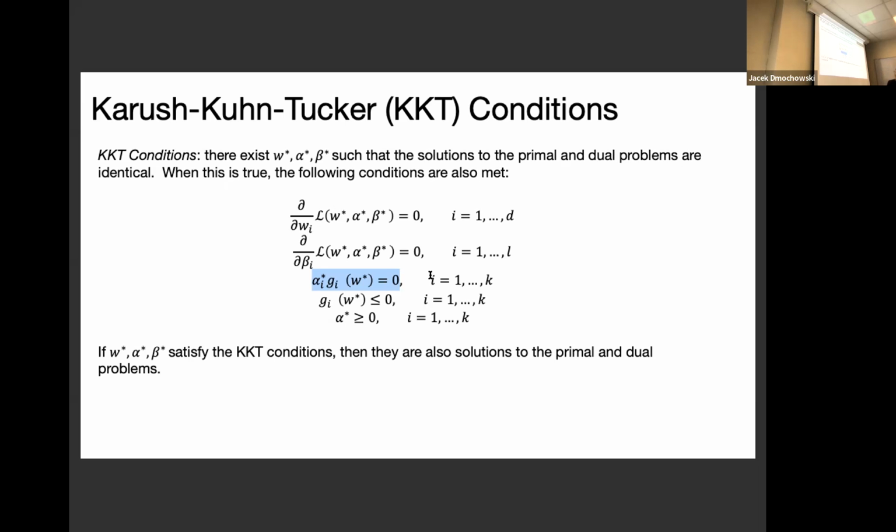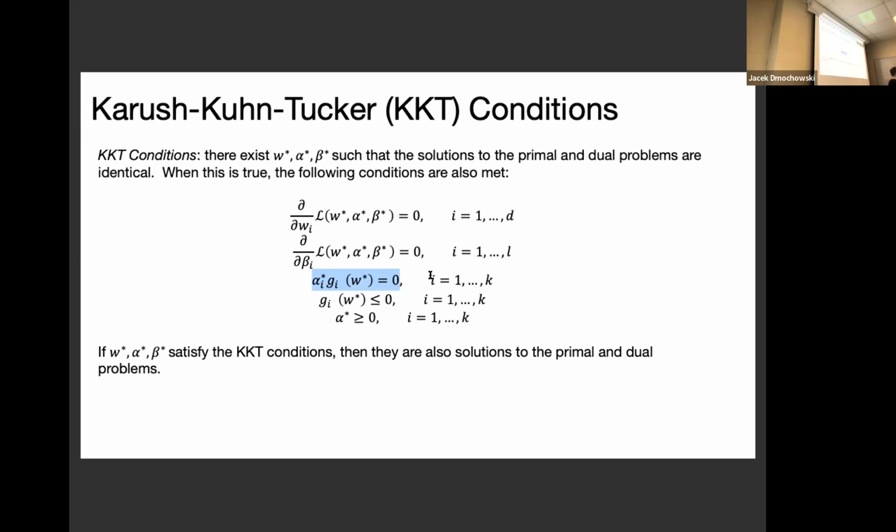Now, what's really interesting is that what this is telling you is that either your Lagrange multiplier is 0 or you are right on the boundary, right? Because one of these two, either alpha_i star is 0 or G_i is 0. When G_i is 0, it means that your solution is right on the edge of that inequality, which makes sense, right?